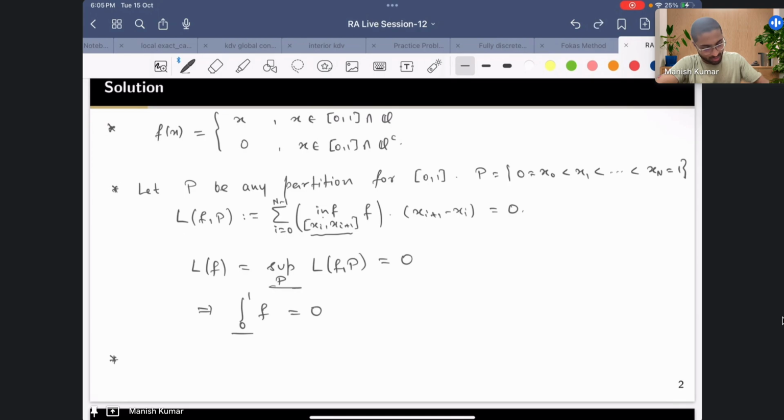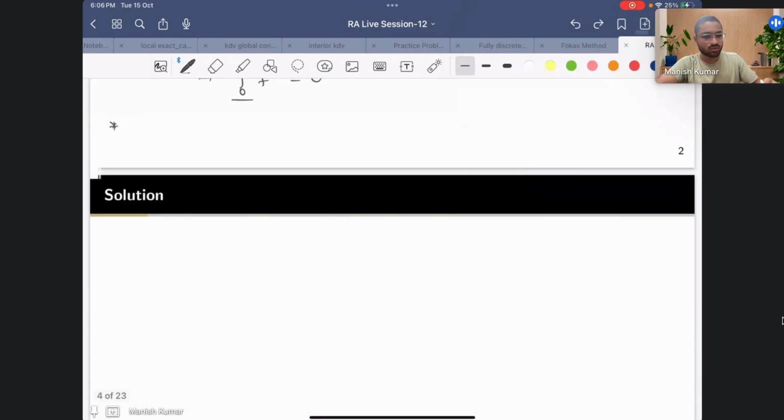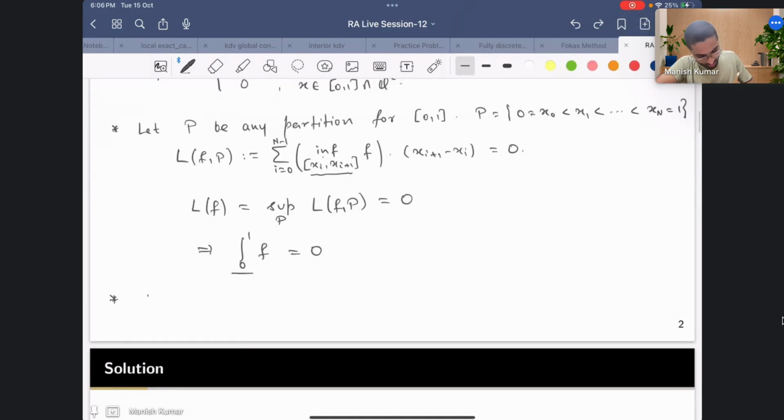But there is another way of calculating it. We'll consider a particular kind of partition, which I denote Pn.